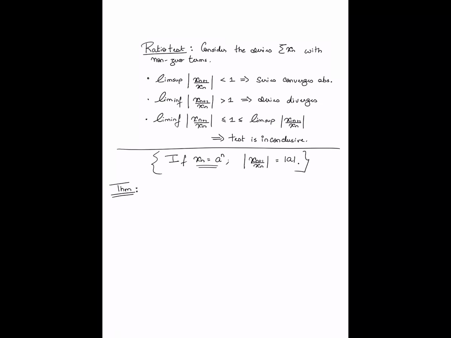So we will prove the ratio test via the root test, using the following theorem. Consider a sequence of non-zero terms, let's say the sequence is xn. Then the following inequalities hold.